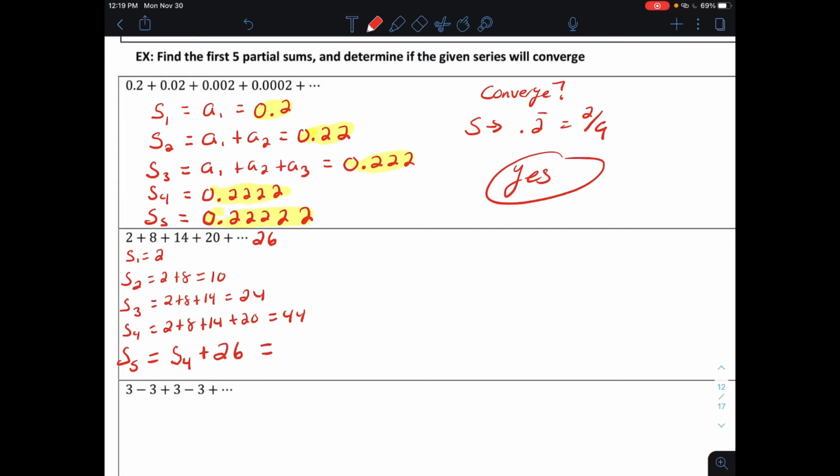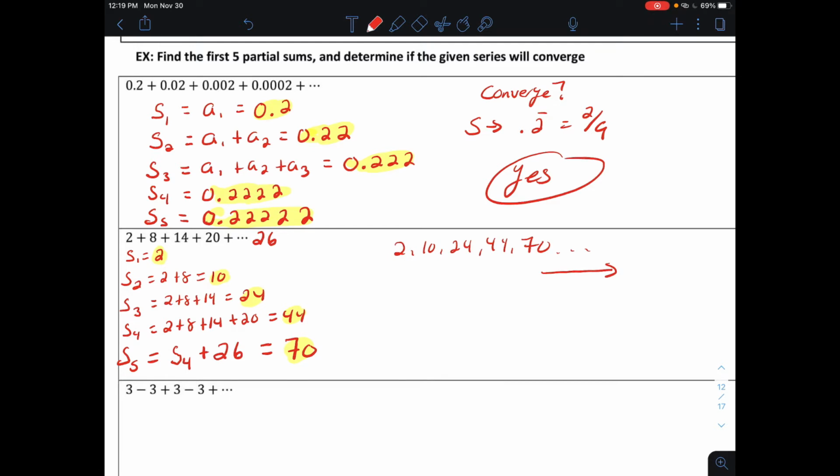And 26 plus 44 is going to give me 70. So if I want to know if the series converges, I'm looking at the sequence of sums here. So I'm looking at the numbers, basically 2, 10, 24, 44, and 70, and so on. I'm wondering, as I continue to go this way, are the values approaching a number?